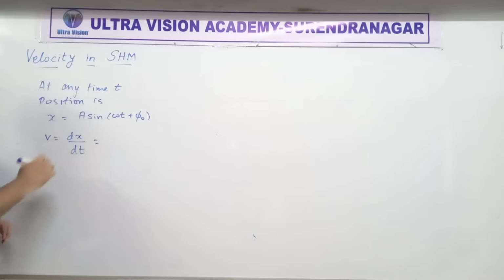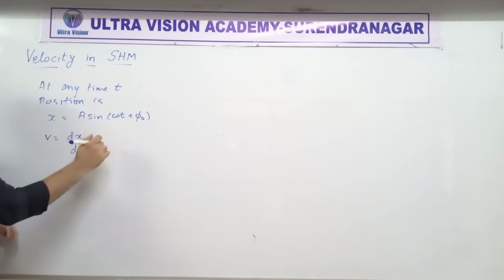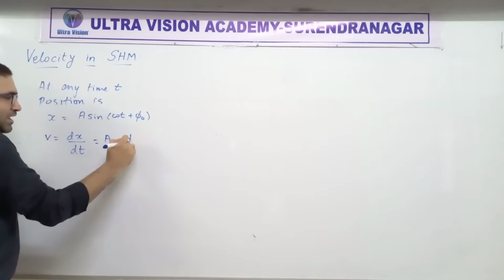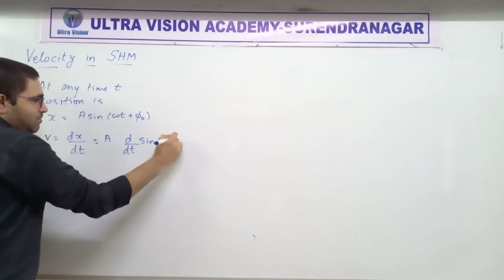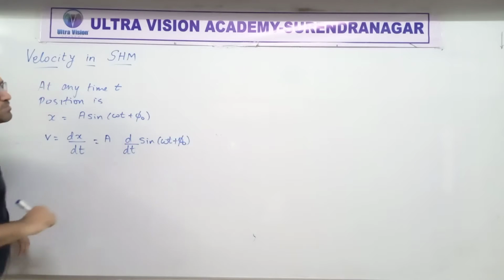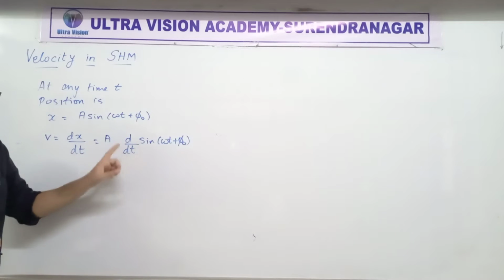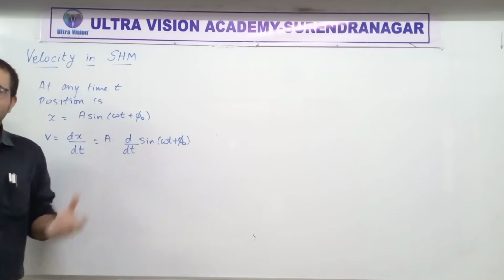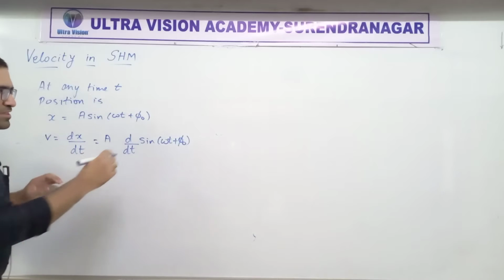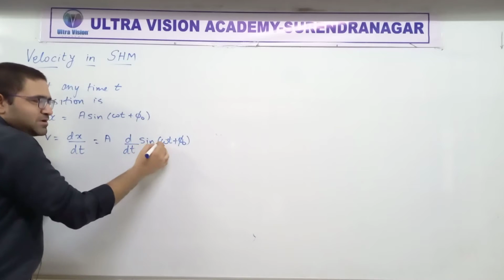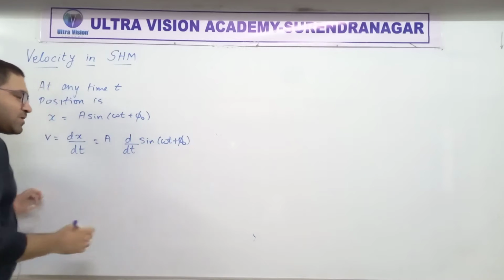So let's start. Now first of all, when you try to differentiate this, a is a constant, so you can keep the constant out and then worry about the remaining. Now, once we have this, d by dt, that is differentiation of sin(omega t plus phi), you can think of it as sin theta.